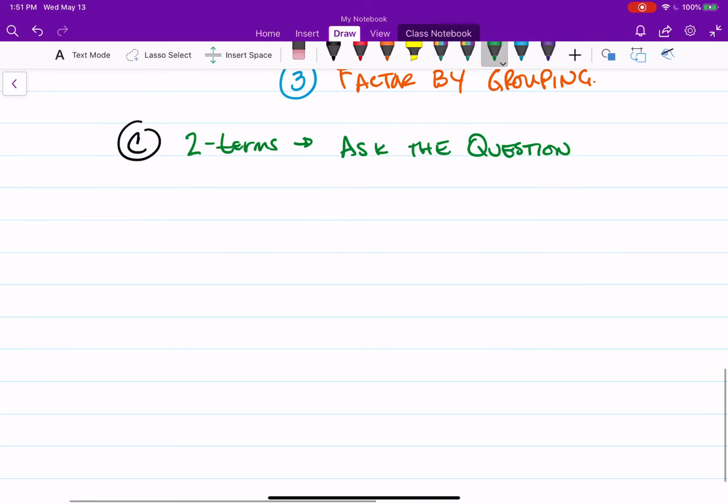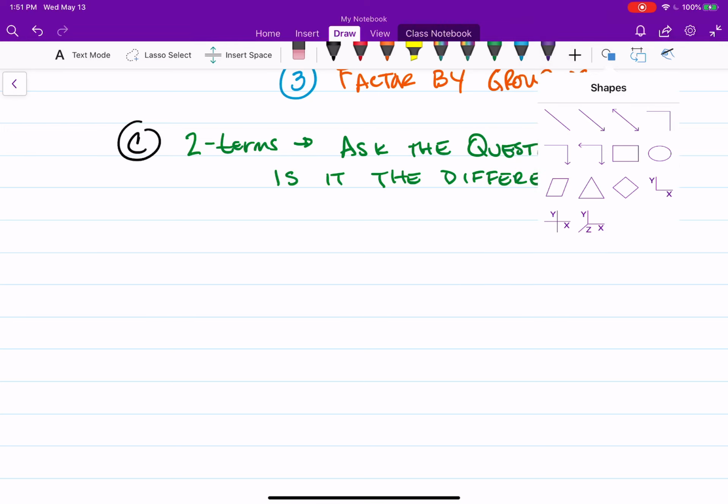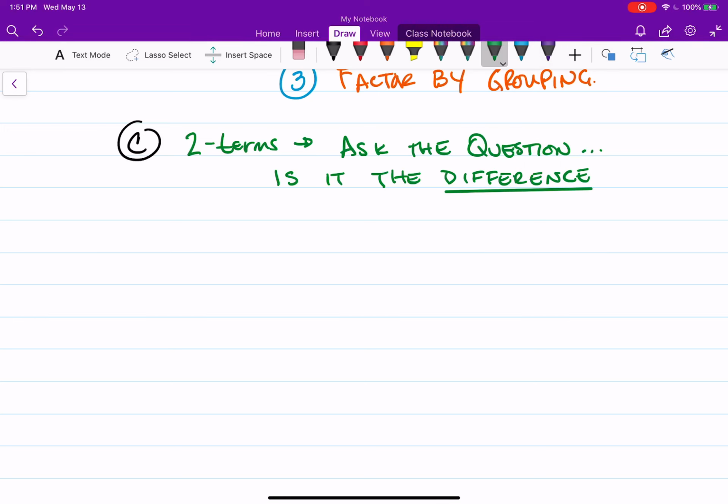What is the question? Is it the difference of two perfect squares?